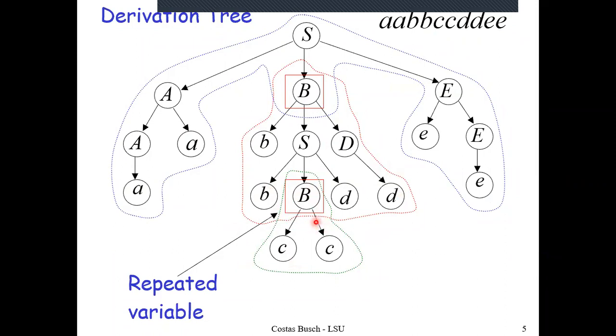What I wanted to emphasize was that because of the repetition of this variable B, I am able to see three subtrees of the parsing tree. The middle subtree, which has the first appearance of the variable B as its root, keeps going downwards until there is another appearance, or repetition, of the variable B. And then the outermost subtree and the innermost subtree are formed accordingly.